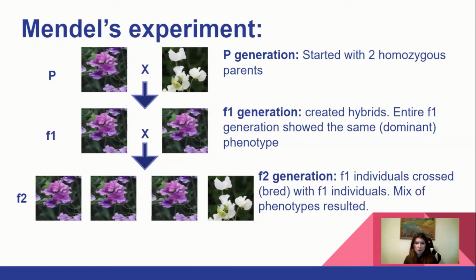Now we know that this is actually because each of those hybrids in the F1 generation was able to pass down either a purple gene or a white gene. So sometimes some of those plants in the F2 generation, just by probability, ended up with two white genes, which is why we had this recessive phenotype again. Now, every time he did this experiment, he saw this same ratio, actually, of 3:1 dominant to recessive.